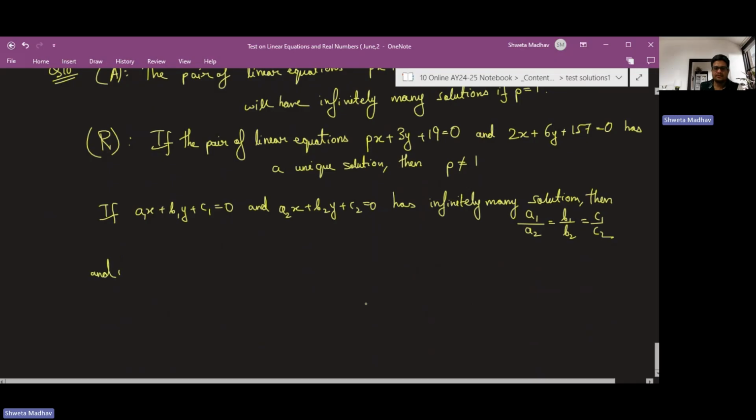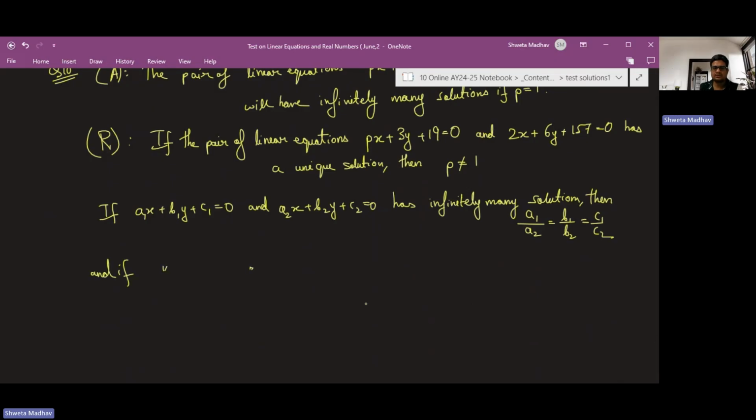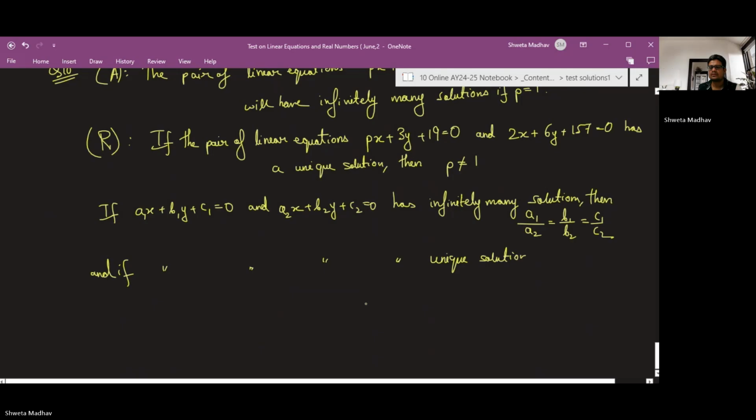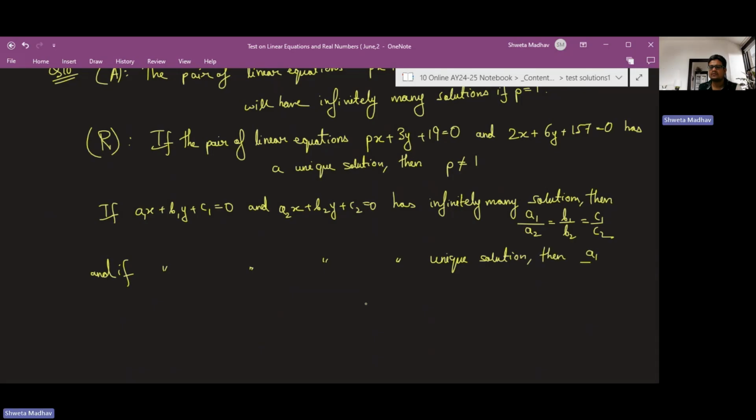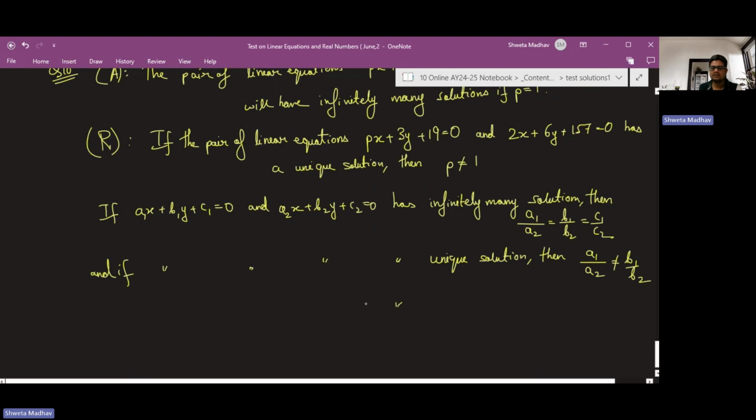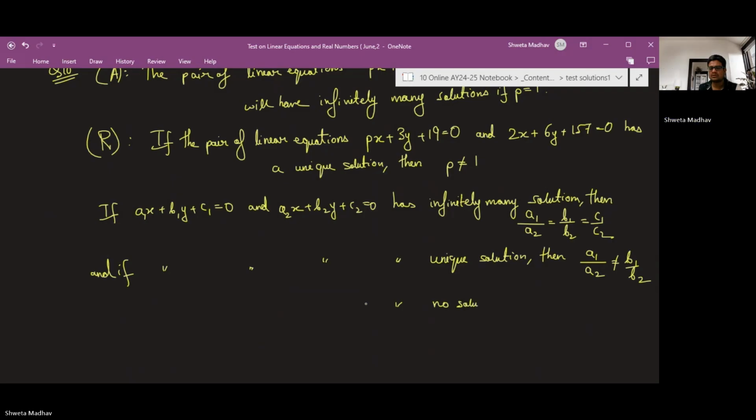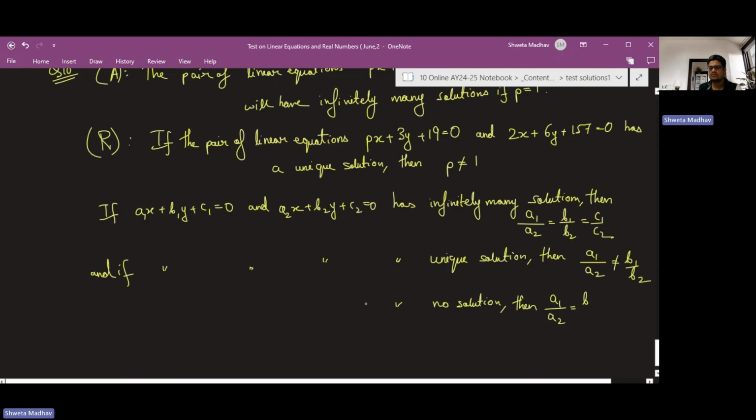If they have a unique solution, then a1 by a2 should not be equal to b1 by b2. And if they have no solution, then a1 by a2 should be equal to b1 by b2, which should not be equal to c1 by c2.